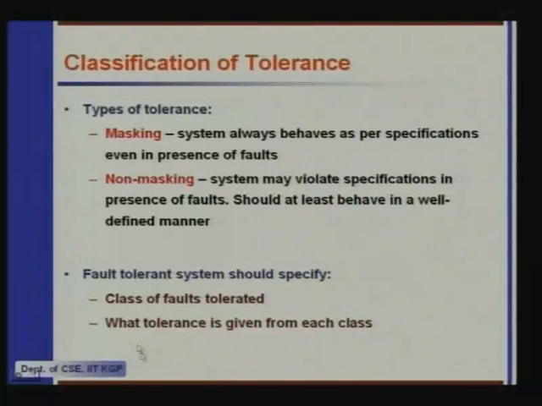So, if specification A is normally supposed to be satisfied, now in the presence of these faults we say that we can't satisfy specification A, but it should still satisfy specification B. So, it should fall back on specification B whenever the fault is there. That is non-masking. Is that clear? A fault tolerant system should specify the class of faults tolerated and what tolerance is given from each class.